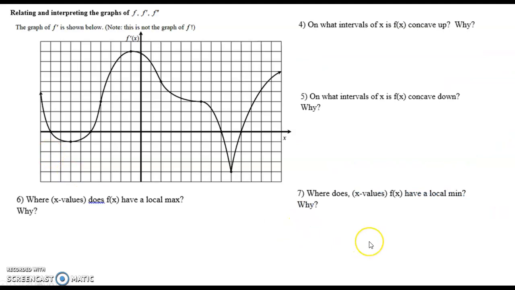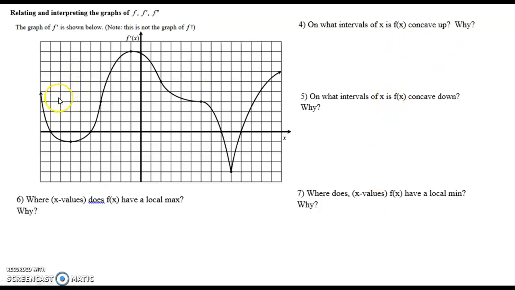Next, it asked us, on what intervals is f of x concave up? Again, let's go back and see what we remember. The concavity of the curve is linked to the second derivative, or the direction of the derivative curve. Remember, when the second derivative is positive, the derivative curve will rise and the original curve will be concave up.